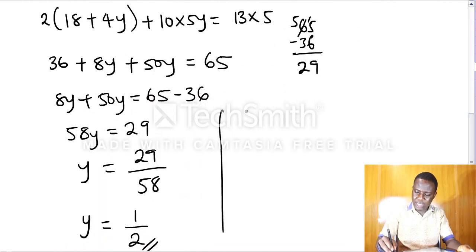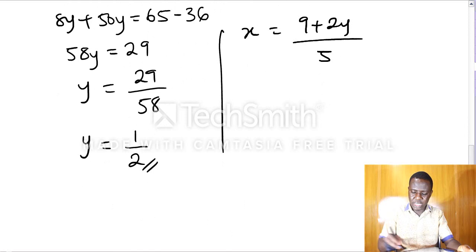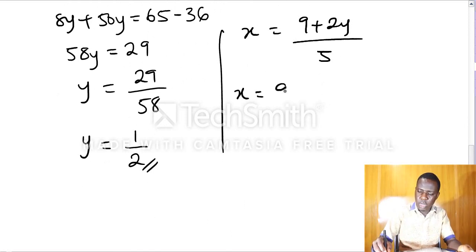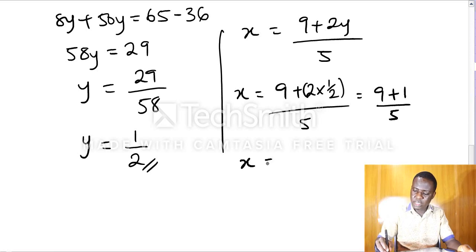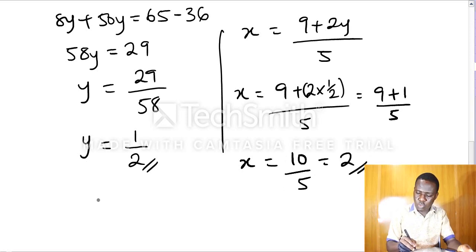That is, x is equal to (9 plus 2y) divided by 5, where y is half. x will be equal to (9 plus 2 times half) divided by 5. 9 plus 1 divided by 5, and x is equal to 9 plus 1, which is 10. 10 divided by 5 is 2. So y is equal to half when x is equal to 2.